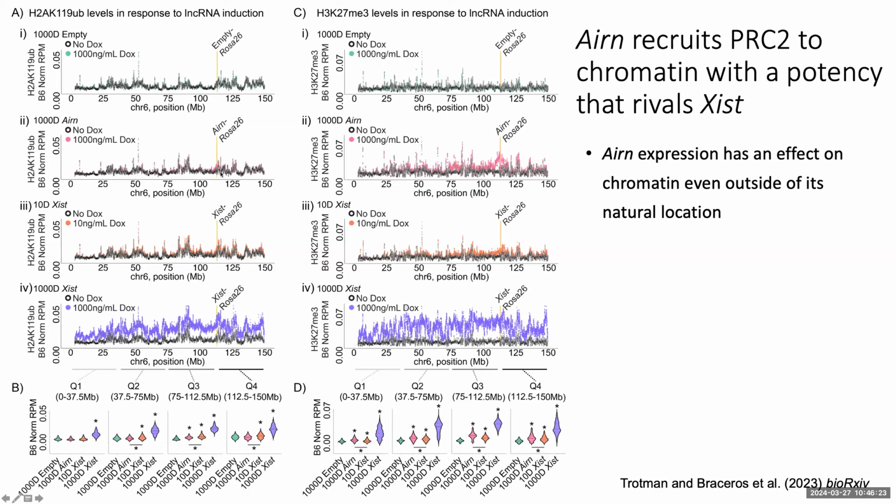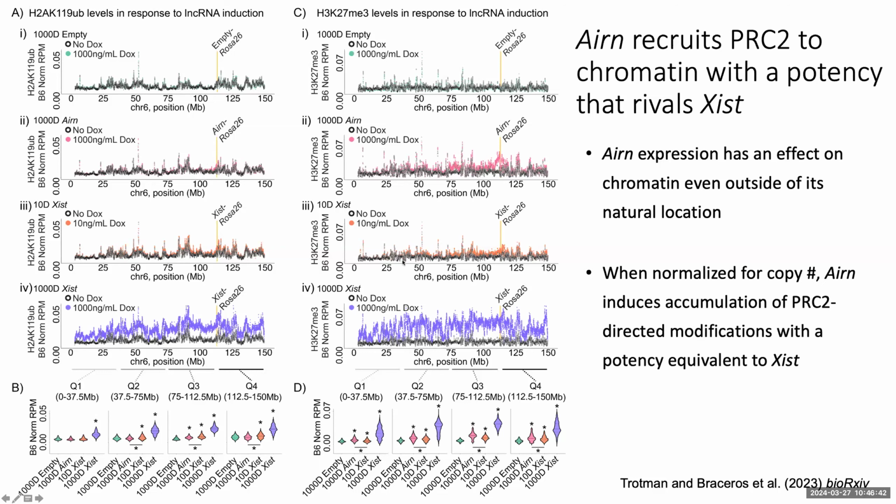And to a lesser extent, we also see what I believe to be a significant difference in PRC1 directed modifications, although you can probably appreciate that the extent of PRC2 directed modifications versus PRC1 that accumulates is quite different here.